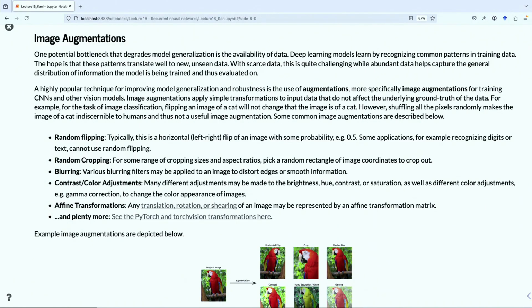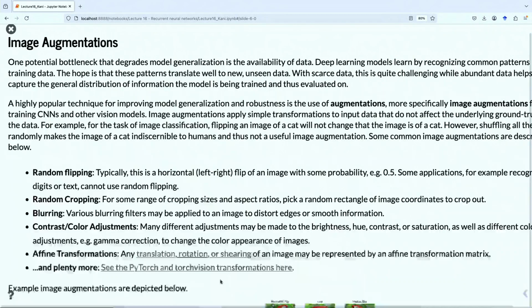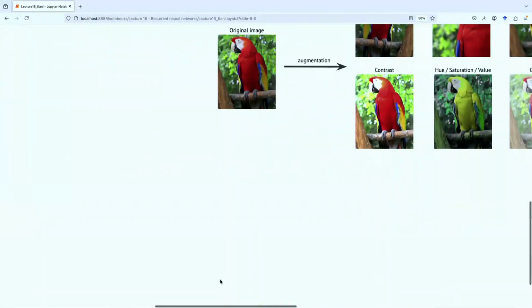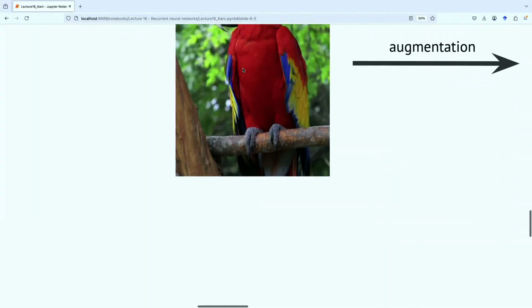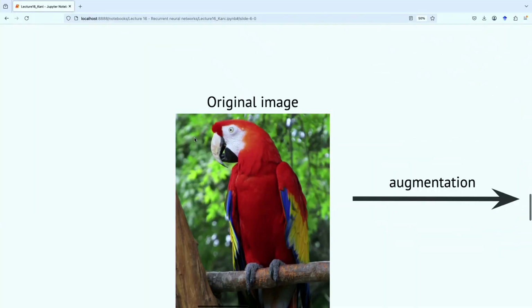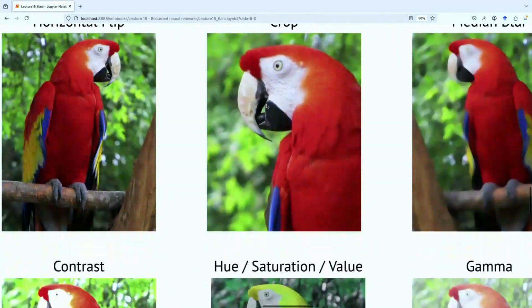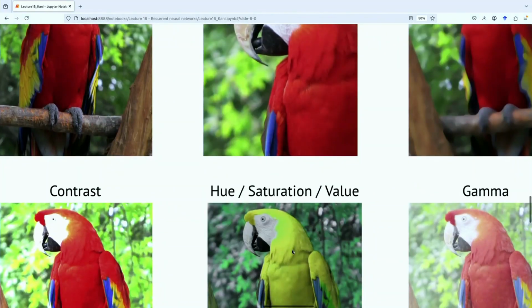If you only had this one picture, the model could very easily assume, okay, parrots always have this green foliage in the background. That's always what a parrot is. But that's not true. That's not really relevant. So that's why being close up or changing the colors, those things subtly matter.